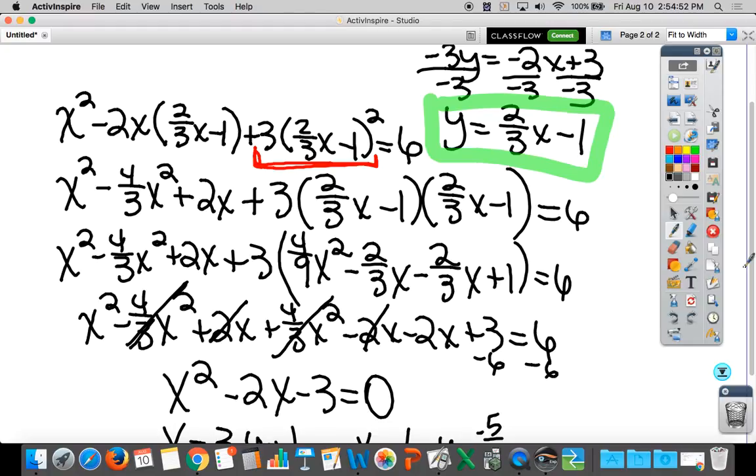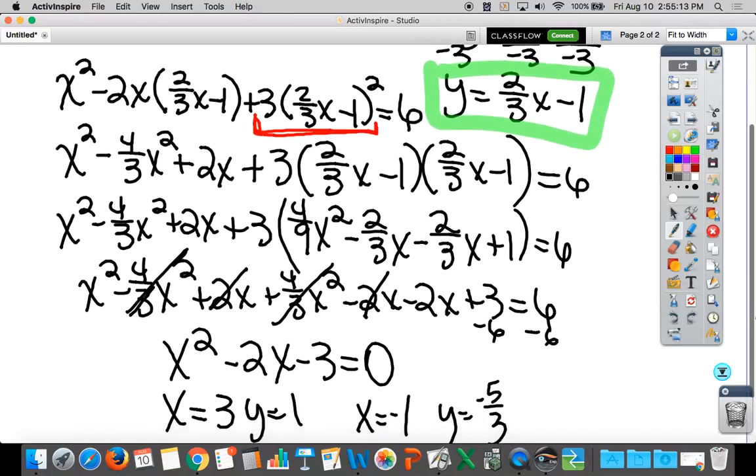Then I distributed here, and I wrote this out so I would not forget to FOIL it. Then I strictly FOILed, which you can do in your calculator. I know it's fractions, but you can do it on your calculator. And then I multiplied by 3. Then I combine like terms.